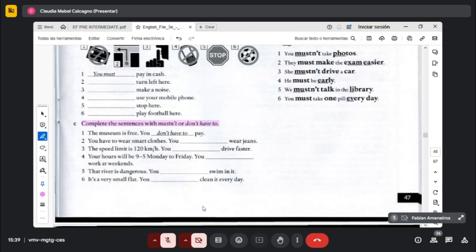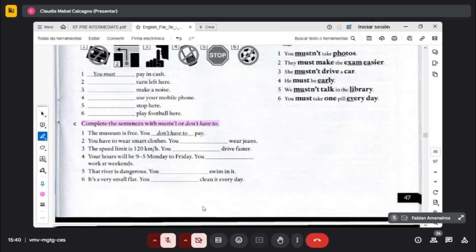Jessie. Okay, well, Jessica, you can read 1 to 4, and Kari, you can read 5 and 6. Okay. All right. The music is free. You don't have to pay. You have to wear smart clothes. You mustn't wear jeans. Mustn't.